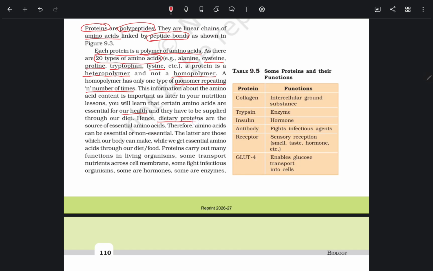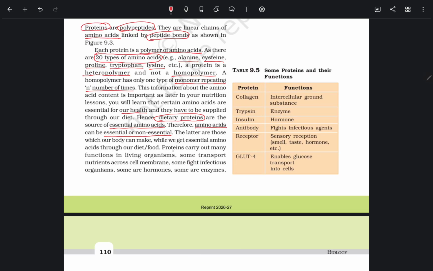Hence, dietary proteins are the source of essential amino acids. Therefore, amino acids can be essential or non-essential. The latter are those which our body can make, while we get essential amino acids through our diet.